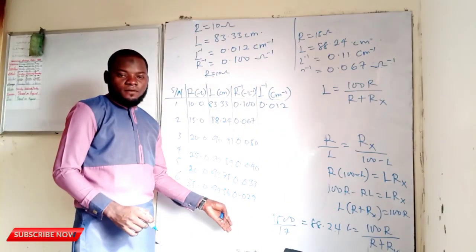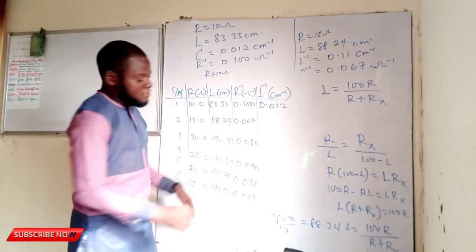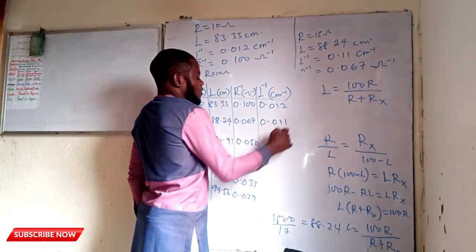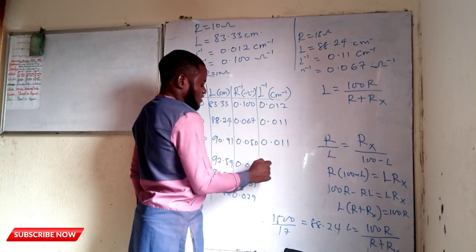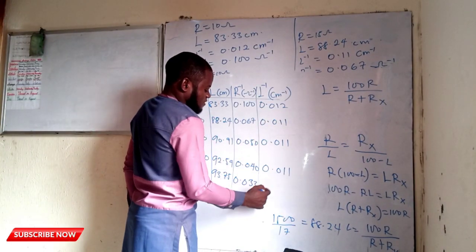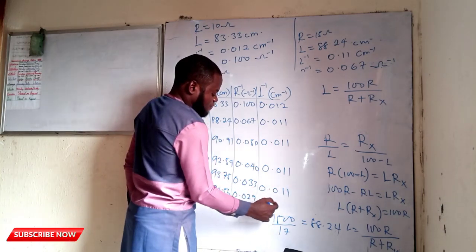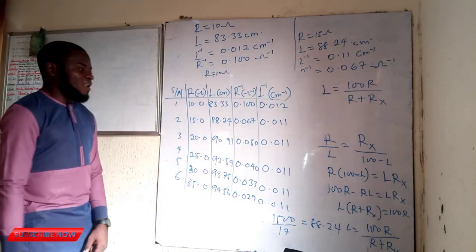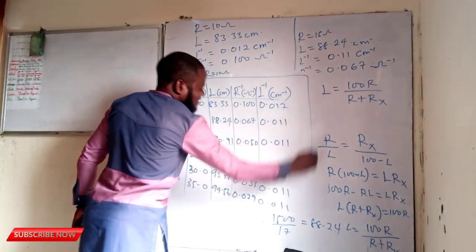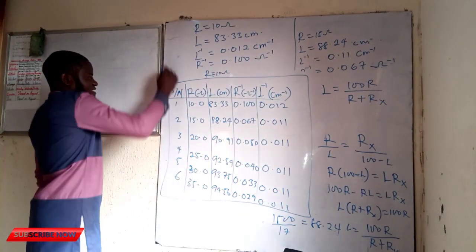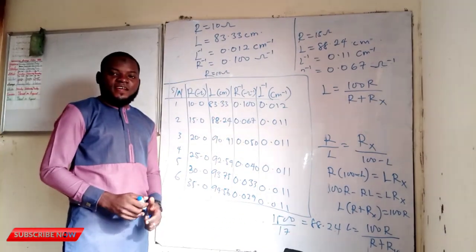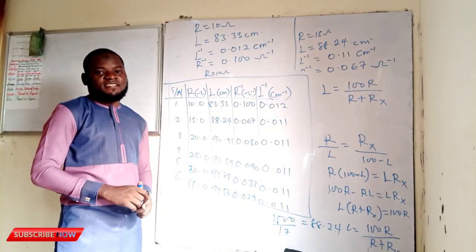So complete the column like that. And this one now is going to be 0.011 for all of them, like that. And this is the exact table that we are expecting. So this is the table we are expecting to have.